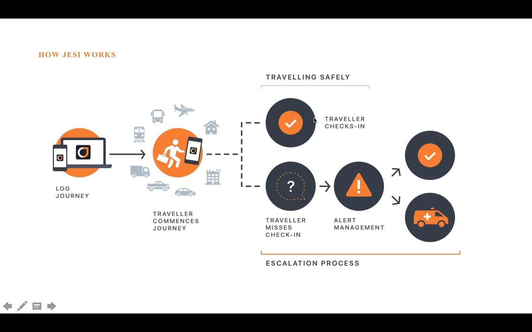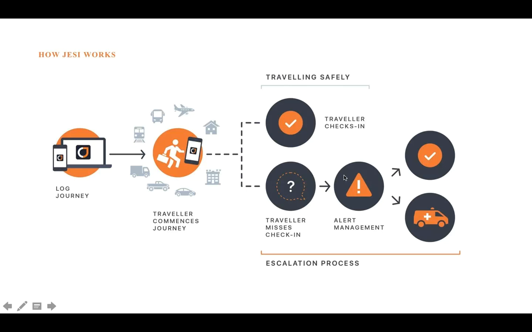If, however, the traveller misses their check-in, then an automated alert will be sent to the emergency contact within JESI to notify them that the traveller has failed to check in at a destination. That will be sent via an email and an SMS message.